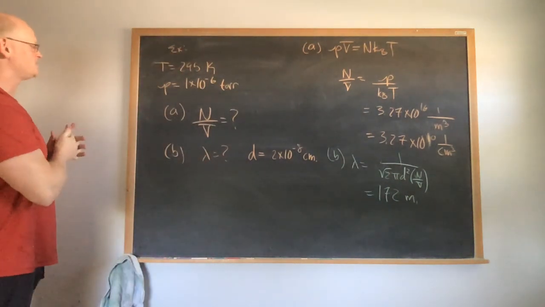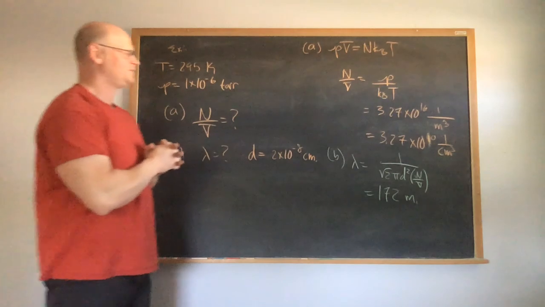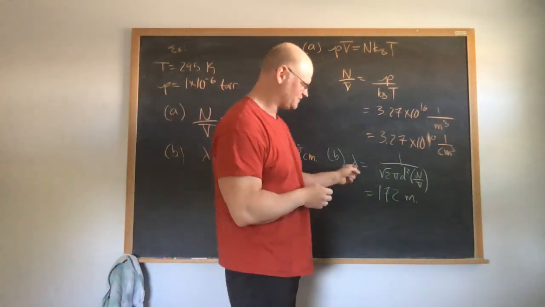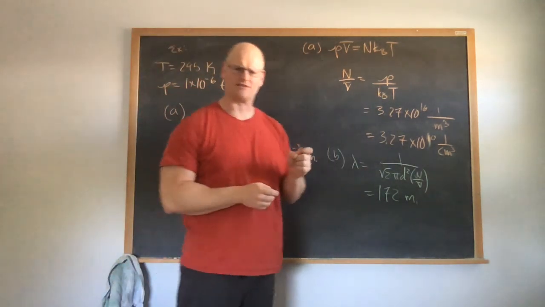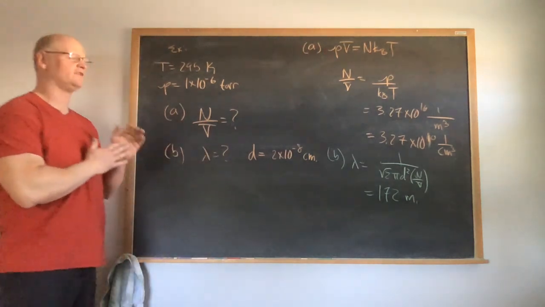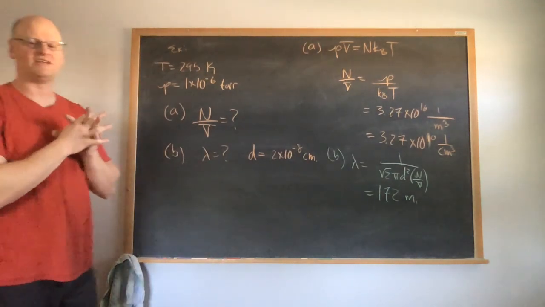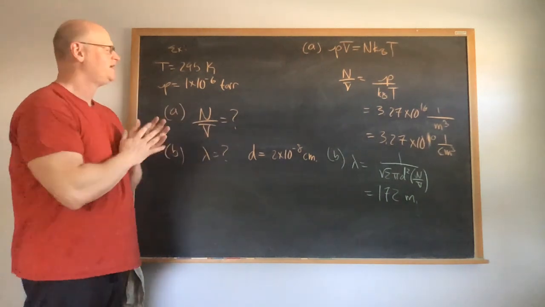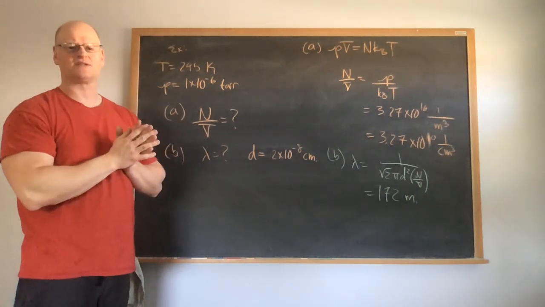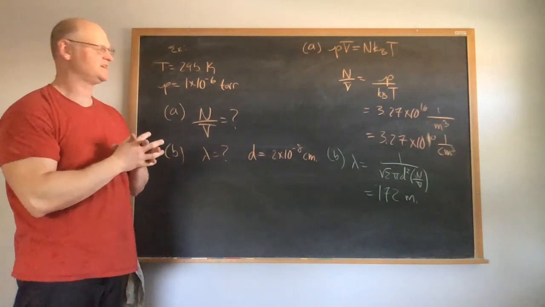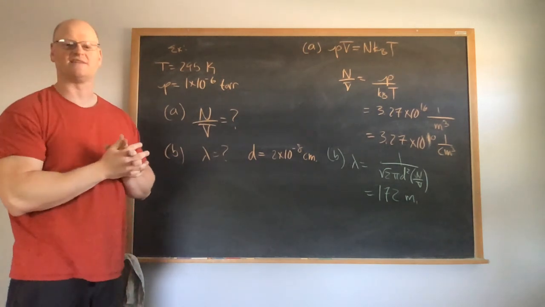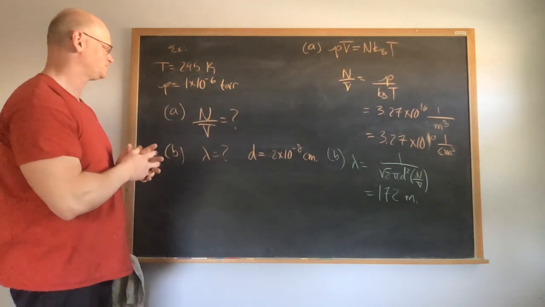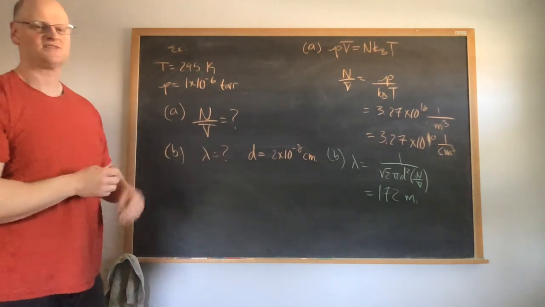At this particular temperature and pressure, the average distance between two successive collisions for this ideal gas is about 172 meters, which is a pretty good distance. It's almost 2 football fields worth of distance before these particles collide with another particle. So this is the mean free path.